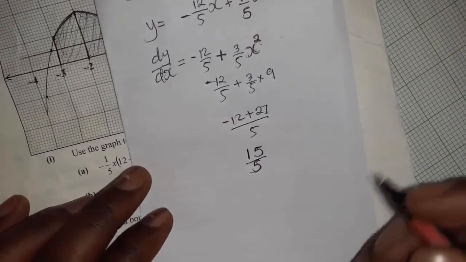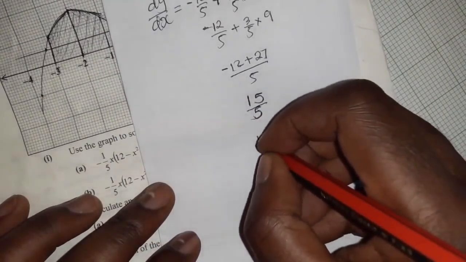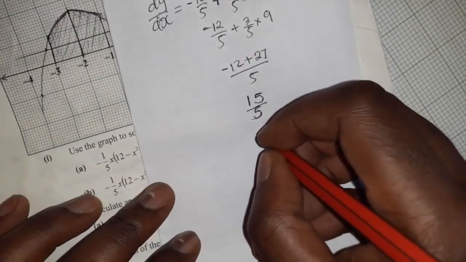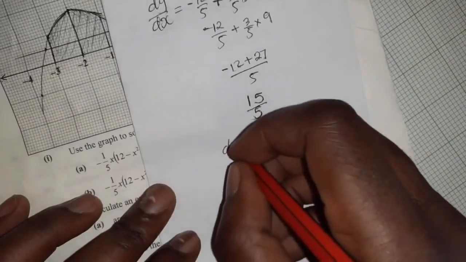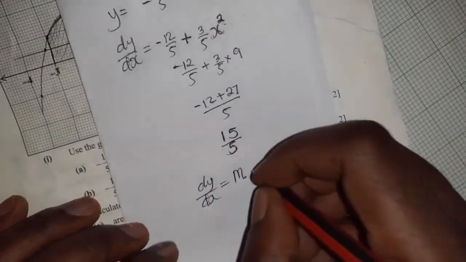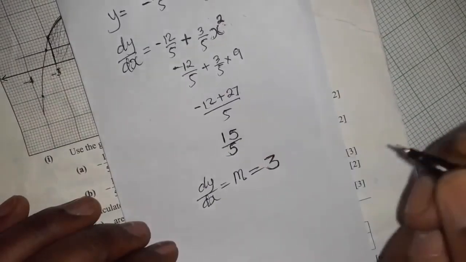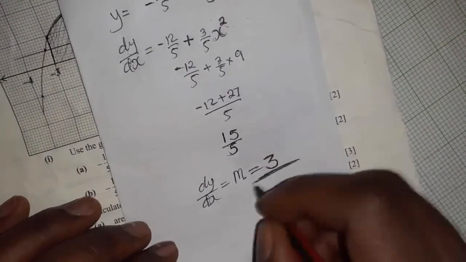So what is our gradient? Our gradient, which can be dy/dx, sometimes denoted by the letter m, is equal to 3. This is our gradient here.